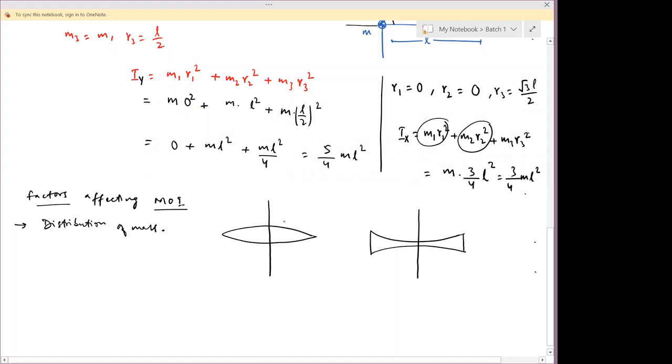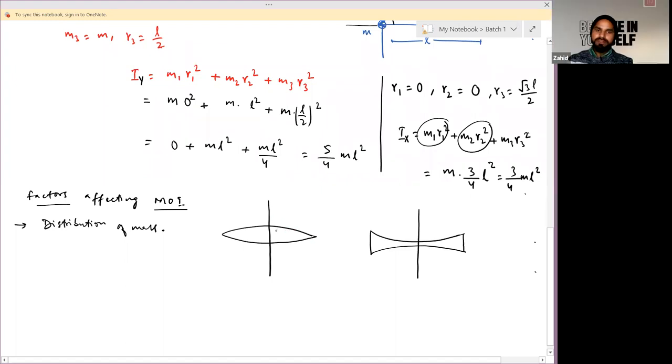Suppose you define the distribution of mass from the axis of rotation for this convex part, it will be like this. So as we go from the axis of rotation to its end, mass is decreasing.